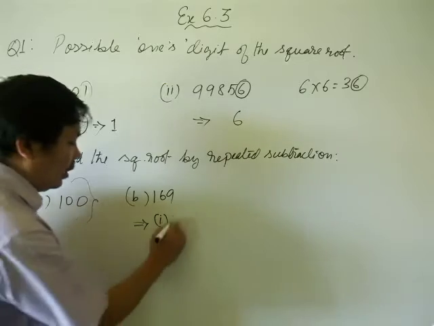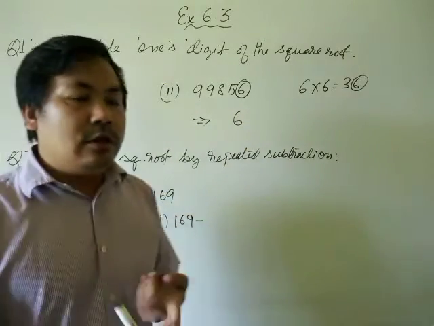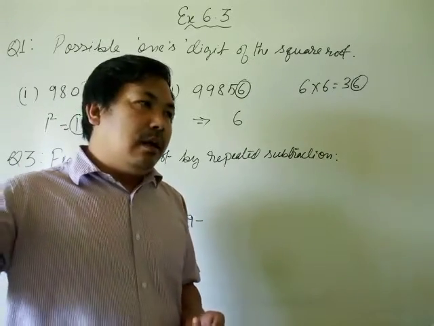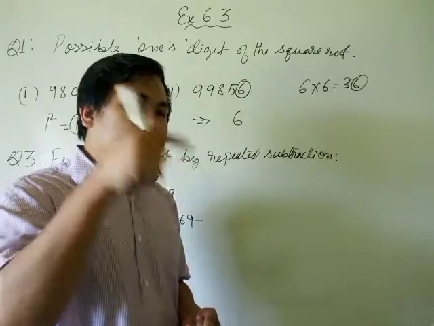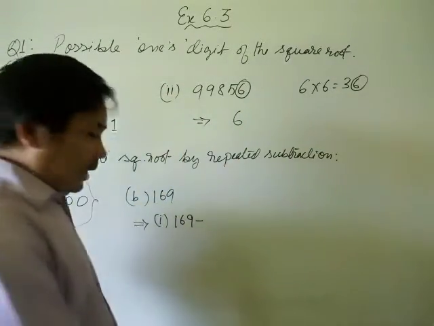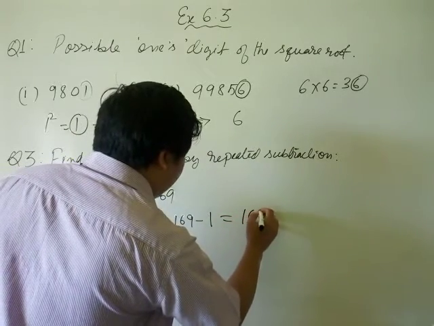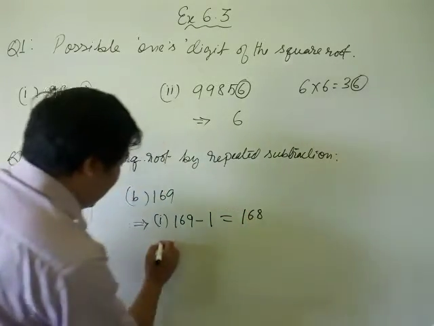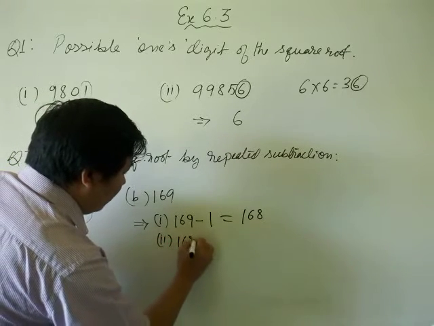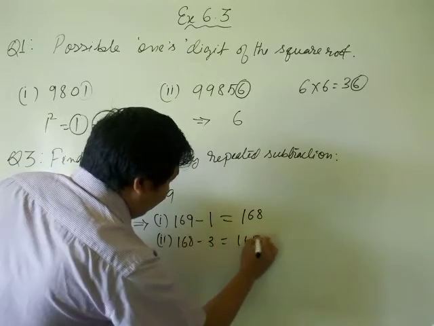Step 1: 169, the first number to subtract is the first odd number, 1. We get 168. Step 2: 168 minus 3, then 165.